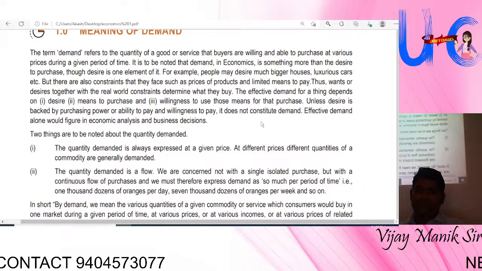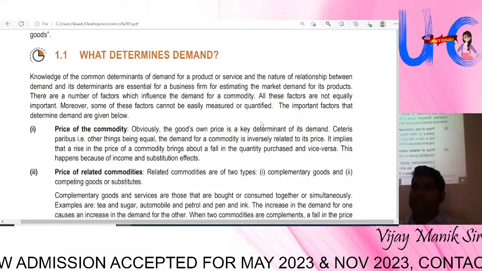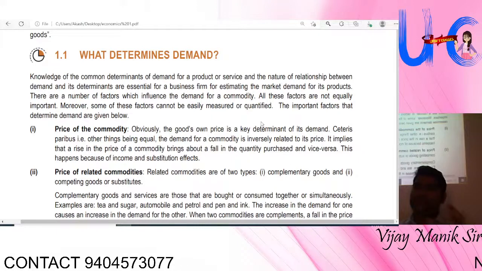Okay, now what determines demand? First, what is demand? Demand means, suppose a particular person is there, we are taking a very cheap example. A person is there who wants to buy something, who needs something. He has some desire to take that particular thing, so he is searching for whether he is getting that thing in the market or anywhere else.